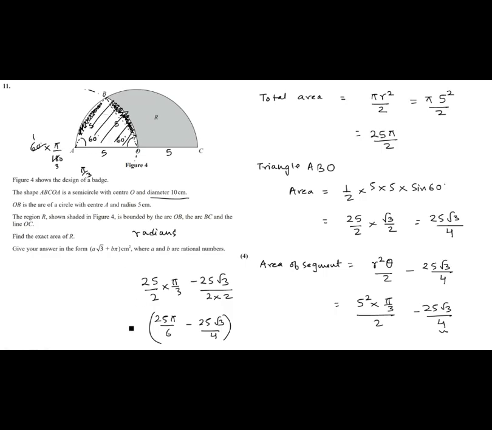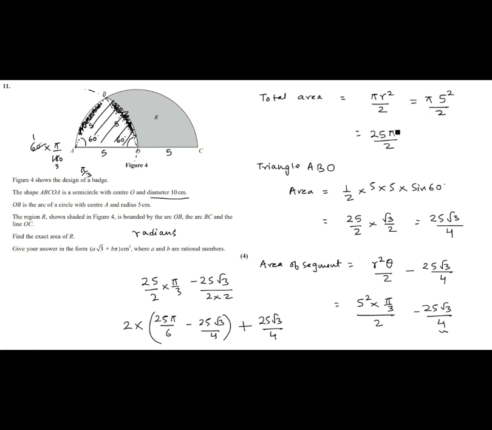If we multiply this by 2 to get both segments, this plus this, we add the area of the triangle, which is 25 root 3 divided by 4. So this will be the total area of this unshaded region.